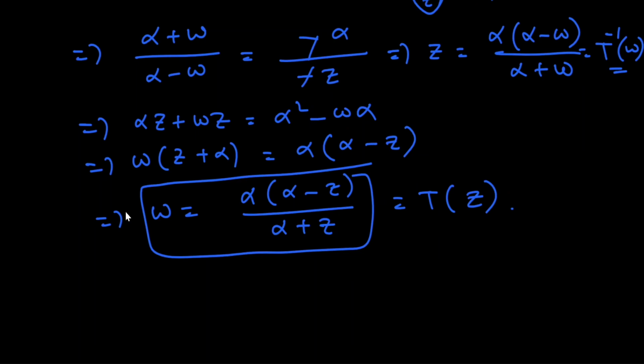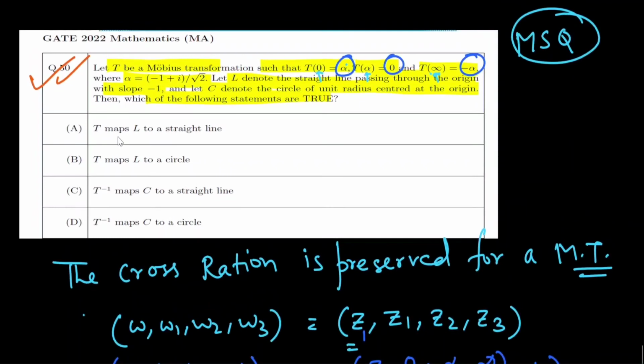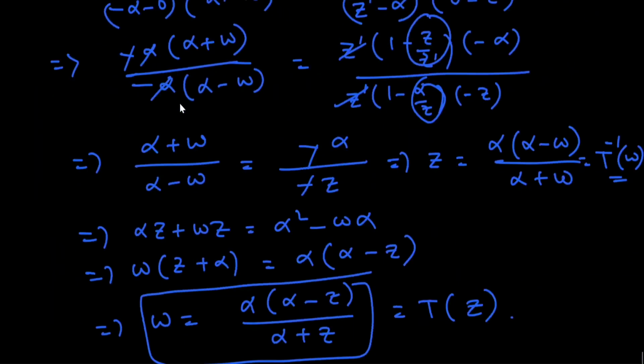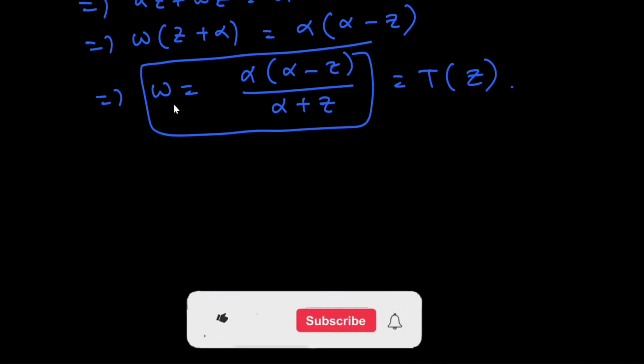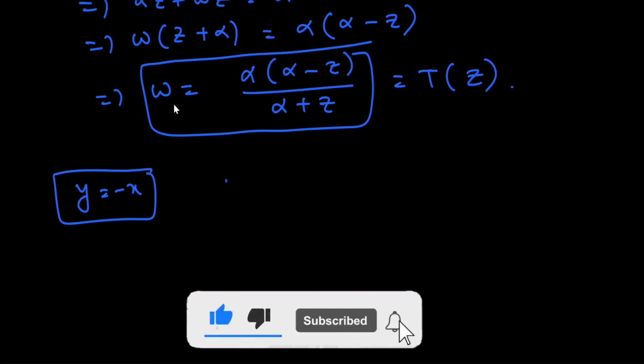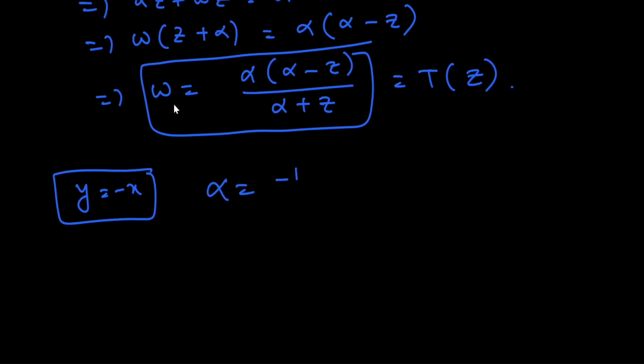We get this. Now the first option says that T maps L to a straight line, and L denotes the straight line passing through the origin with slope -1. So the equation of the straight line is y equal to -x, and it is given that alpha equals -1 by √2 plus iota by √2.